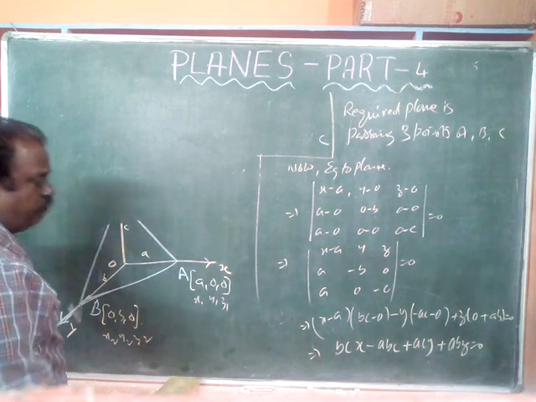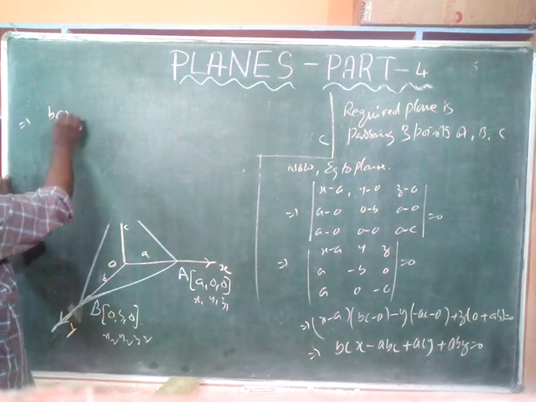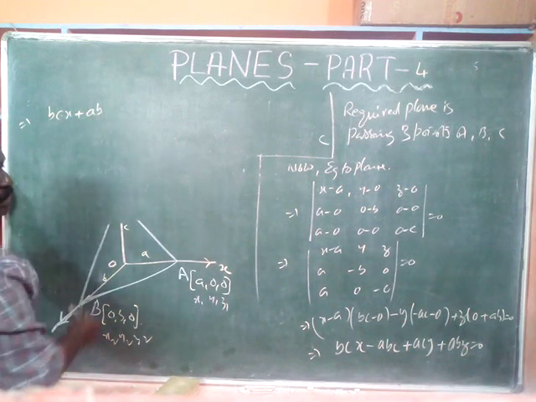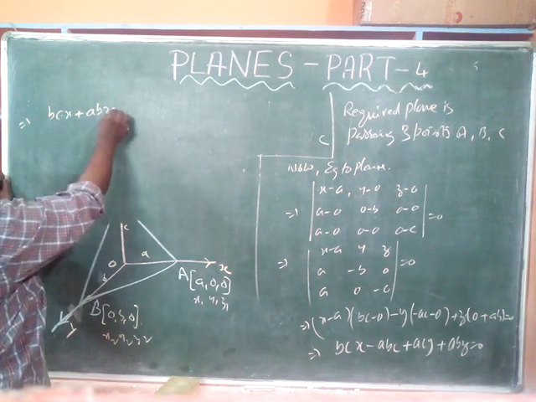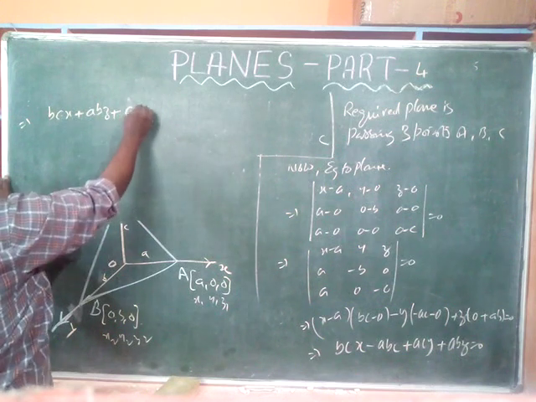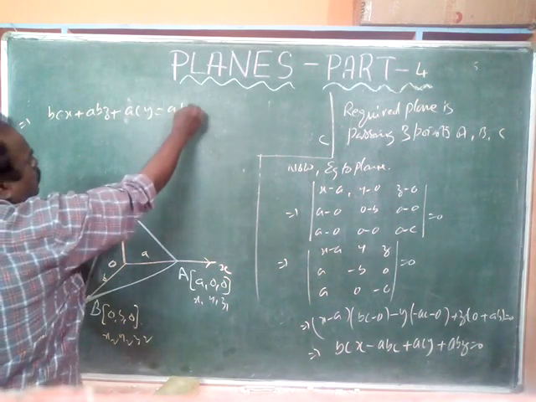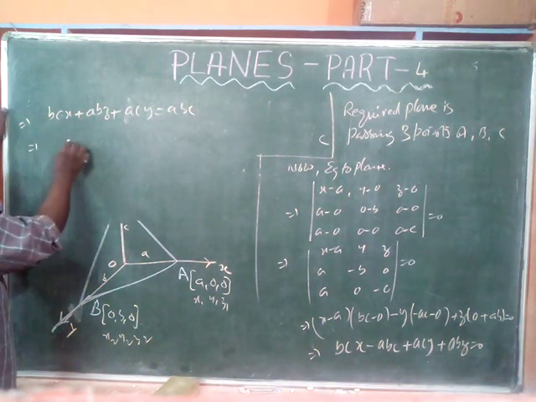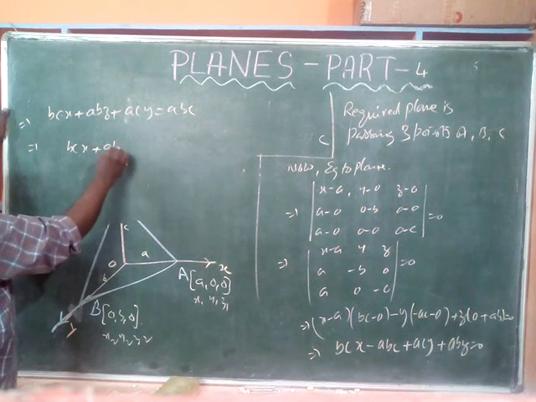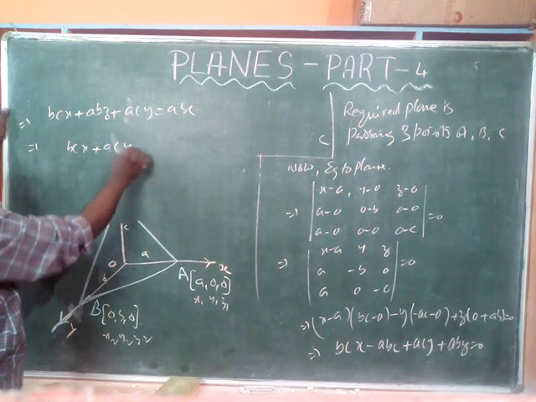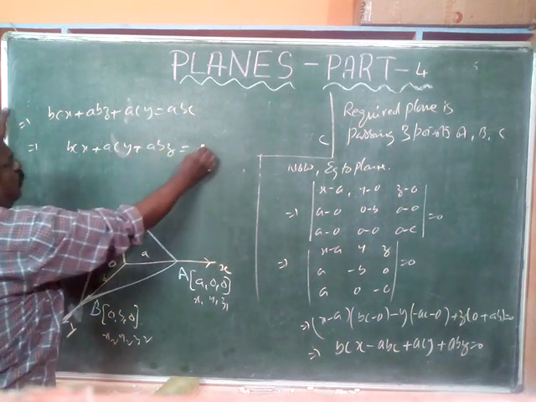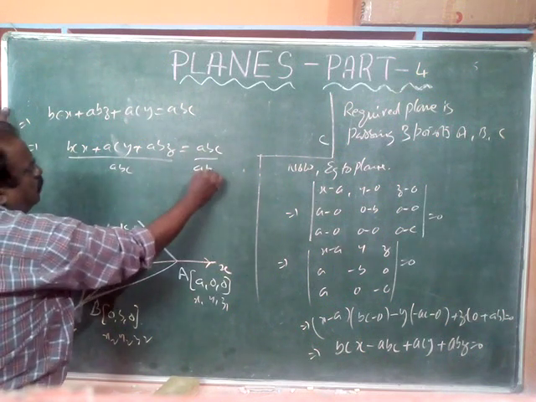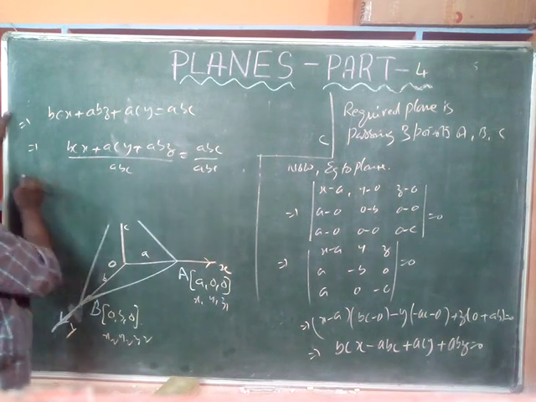You see, that implies bcx plus acy plus abz is equal to abc. That abc is sent to that side. On both sides we divide by abc itself.